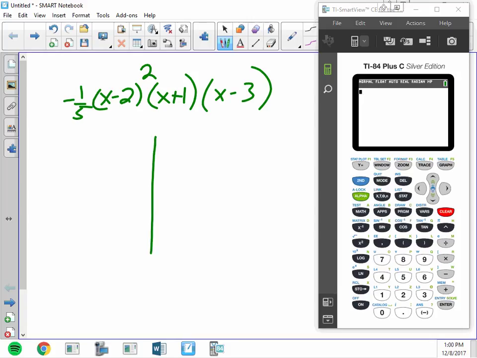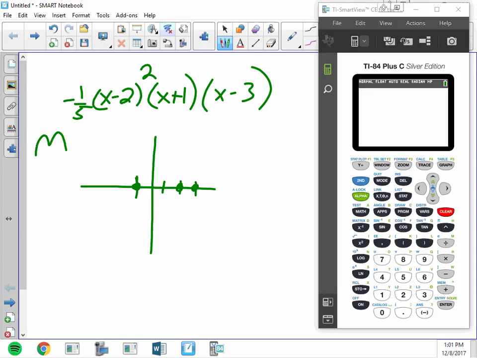And what does the negative do? Upside down, so it's actually more like an M. Everybody know that a W would be positive and an M would be negative. So it's an M. We have a root at negative 1, we have a bounce at positive 2, and we have a normal root at 3. So it's going to look something like this.